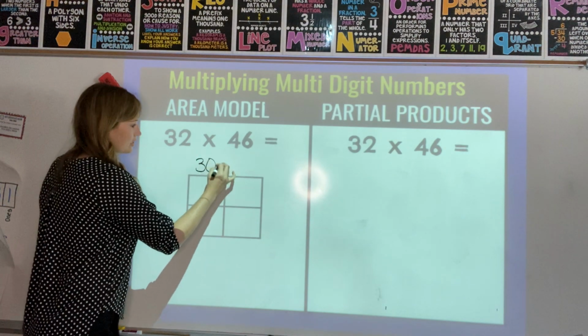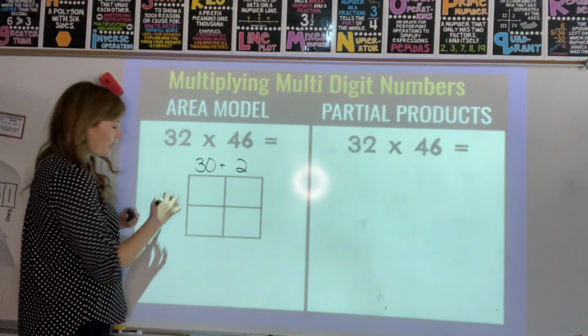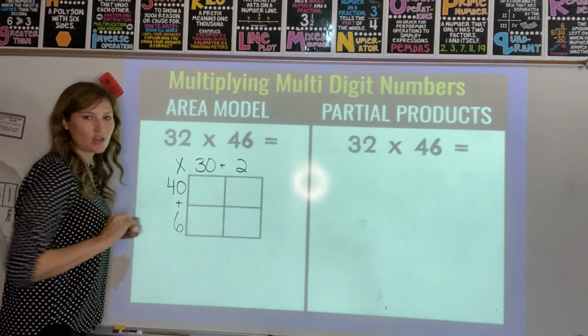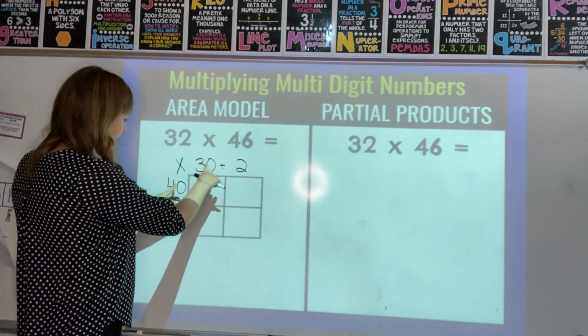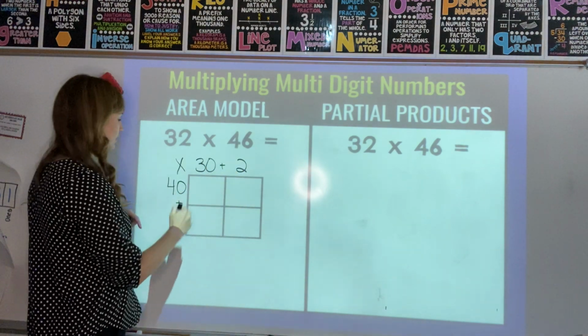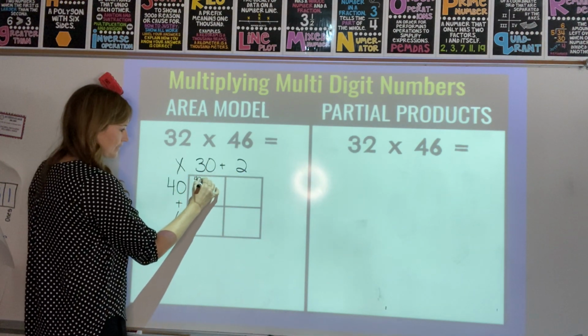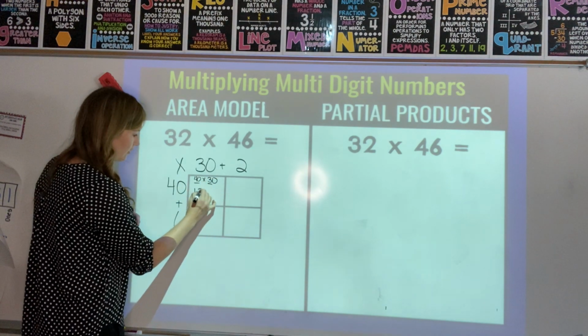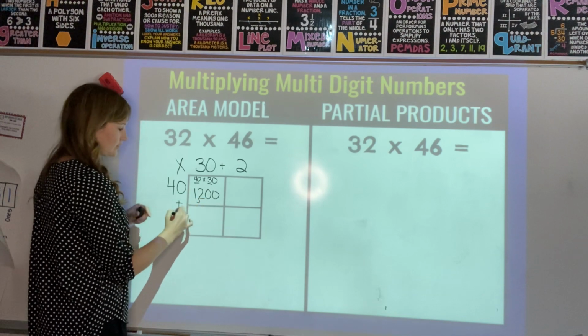So 30 plus 2 and 40 plus 6. So I'm going to multiply again and place the products where they meet. So 40 times 30, 4 times 3 is 12, and I'm going to add 2 zeros.